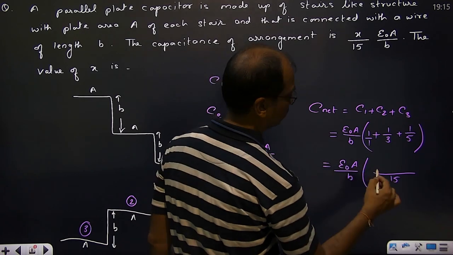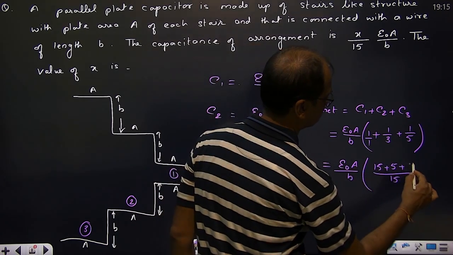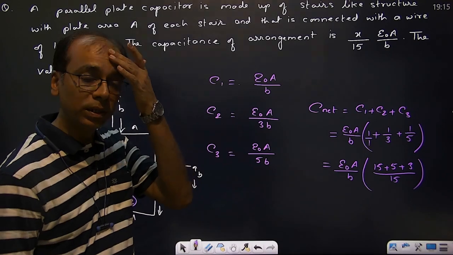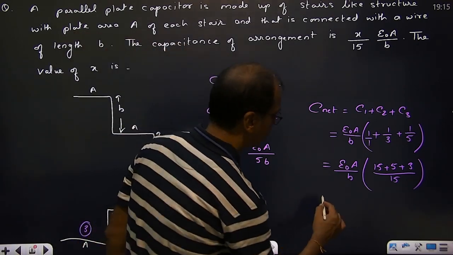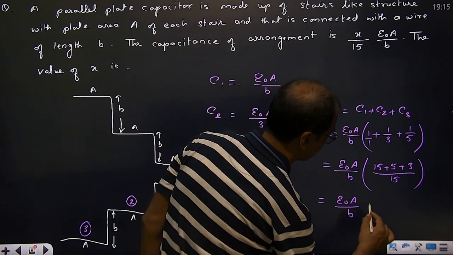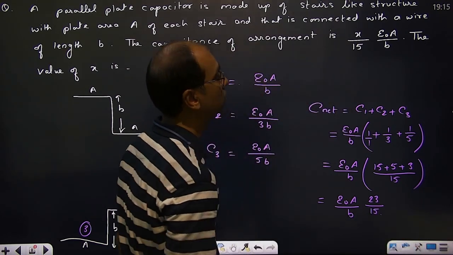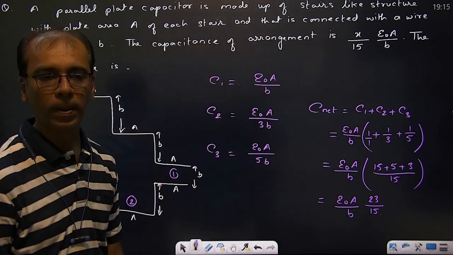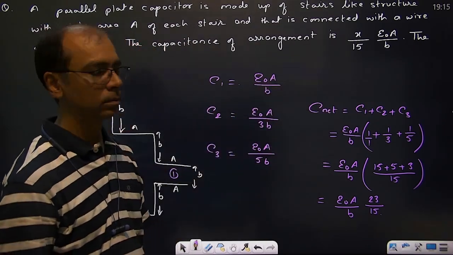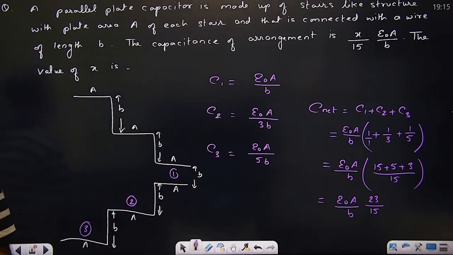So here 15, here is 5, and here is 3. So 15 plus 5 is 20, 20 plus 3 is 23, right? So epsilon naught A by B times 23 by 15. So check what the X value is. 23. Compare. 23. Is it clear?